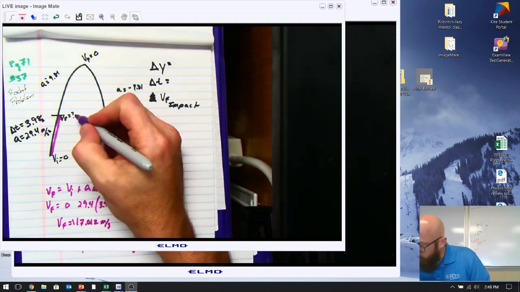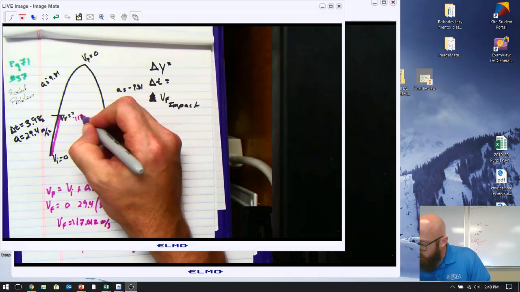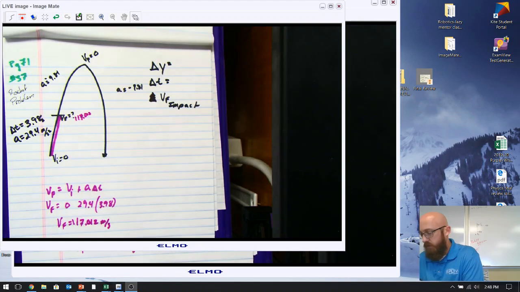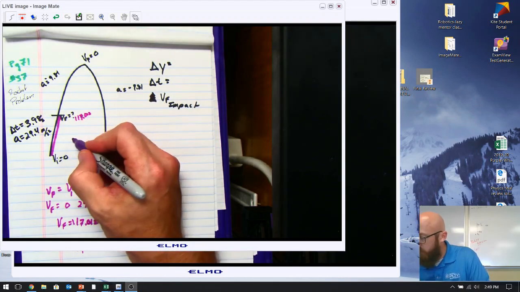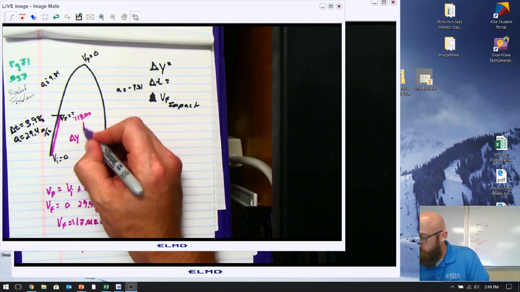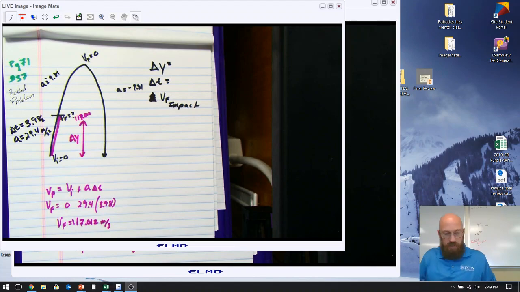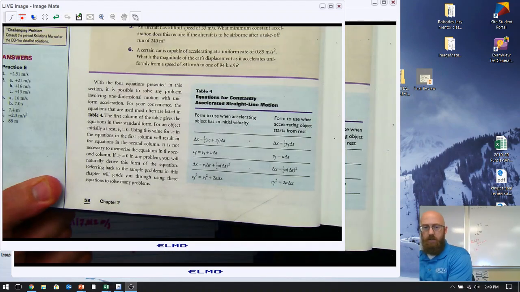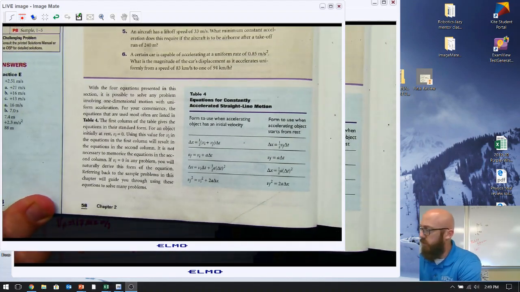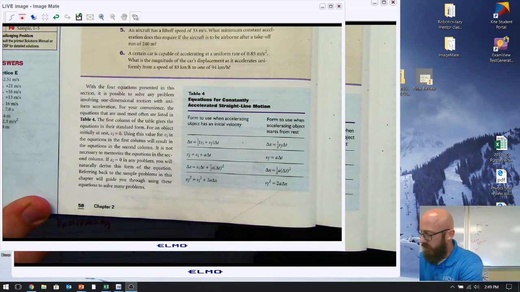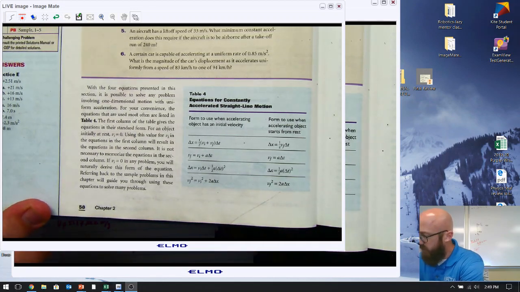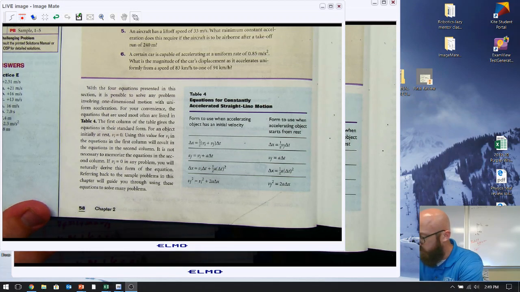So we can say VF is 117.012 here. Now, I'm going to fill in my delta y. It doesn't ask for it, but I'm going to fill it in as well. So again, back to page 58. The easiest equation is actually this one again: delta x equals VI delta t plus 1/2 A delta t squared.